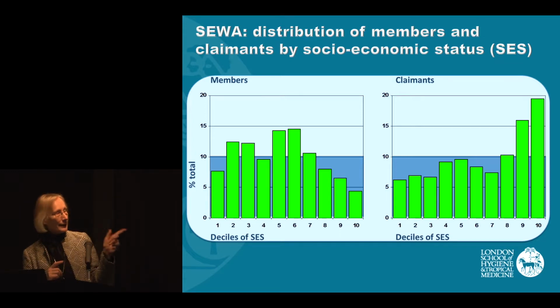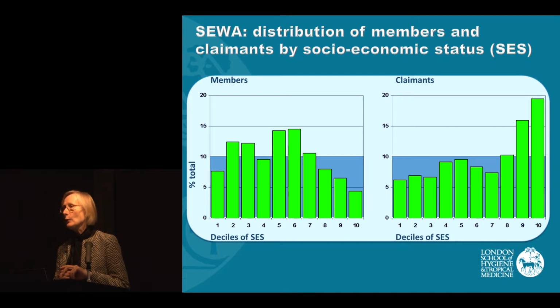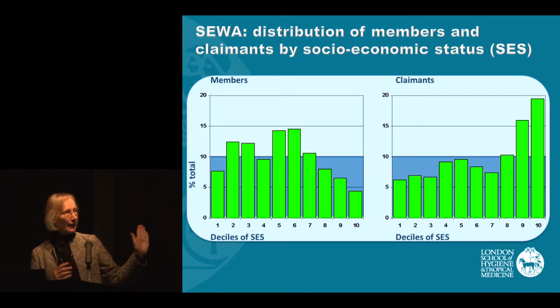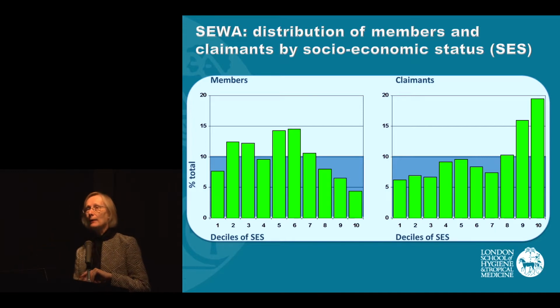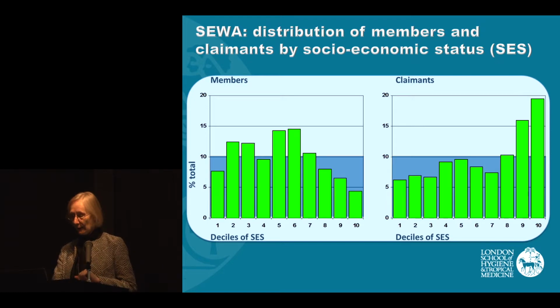You can see on the left-hand side that the membership is indeed slightly skewed to the poorer socioeconomic groups. But on the right-hand side, that's a distribution of the claimants, the women who claimed for the cost of their care. And that's very clearly skewed towards the less poor. So the scheme was doing well in recruiting poor members, but much less well in ensuring that the poorer members had equal opportunity to benefit from the scheme.